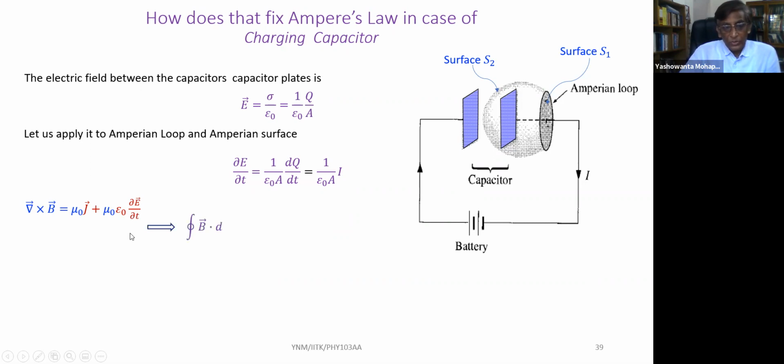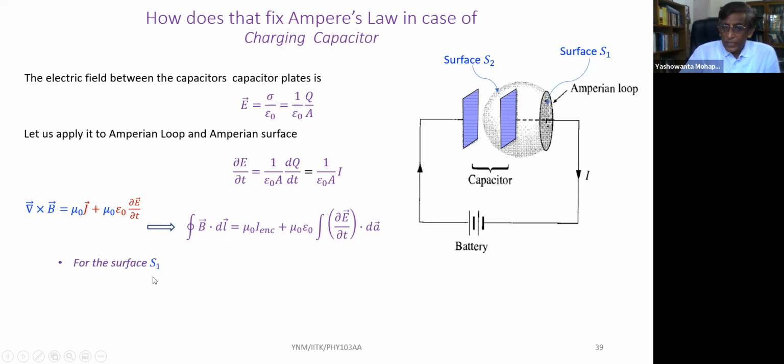That will give rise to the integral of B dot dl equal to mu naught I enclosed plus mu naught epsilon naught integral of del E by del t over dA. So that is the new integral form of Ampere's law with this term. We'll have many problems of this nature.